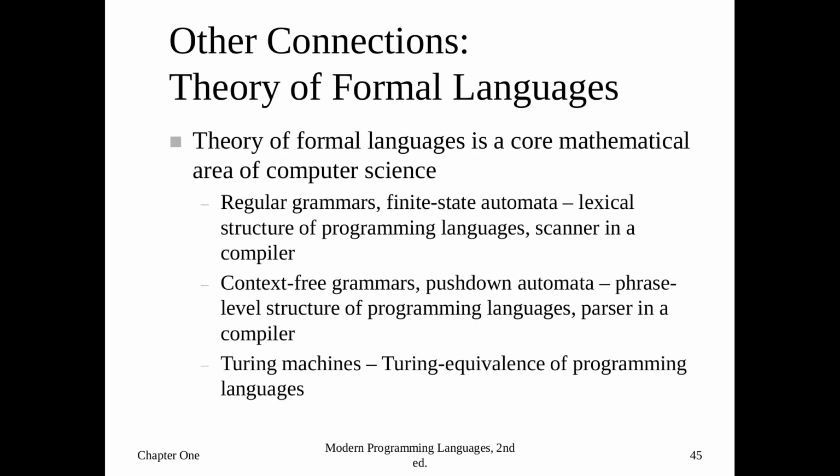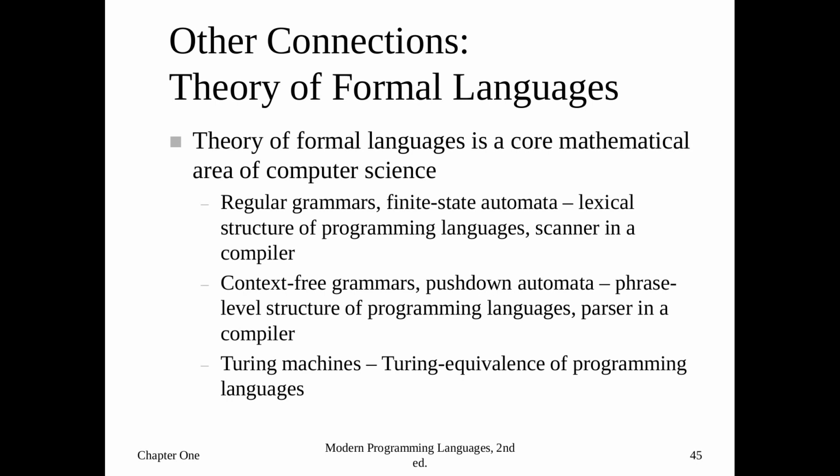As you'll learn when you're taking the theory course, there's a theory of formal languages, right? That gets into things like finite state automata, regular grammars, which is the basis for the lexical structure of programming languages, how a scanner and a compiler actually works.